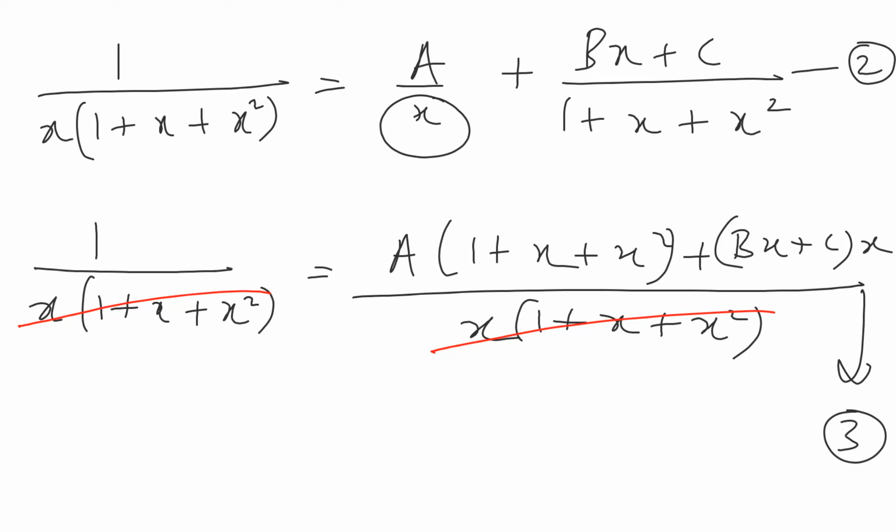But x equal to 0 we have already substituted. So in the next iteration we'll take the value of x as something else apart from 0. So put x equal to 1 in equation number 3.